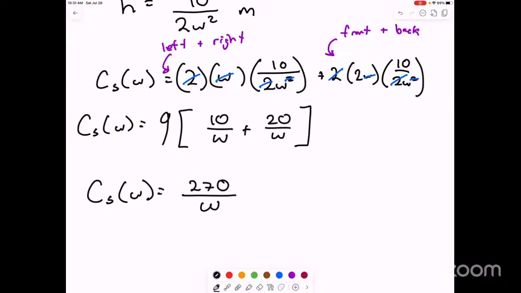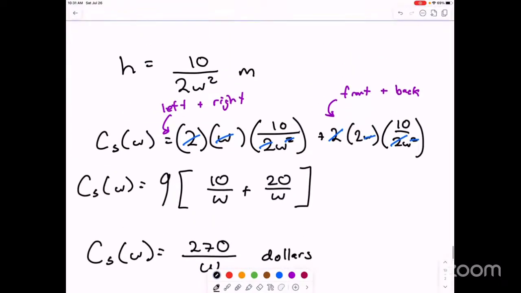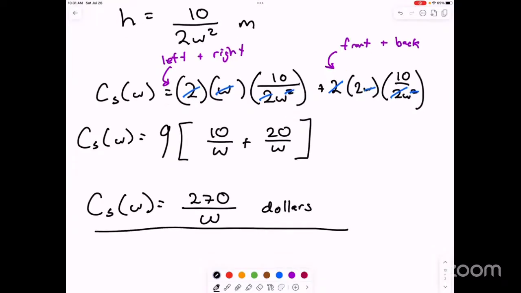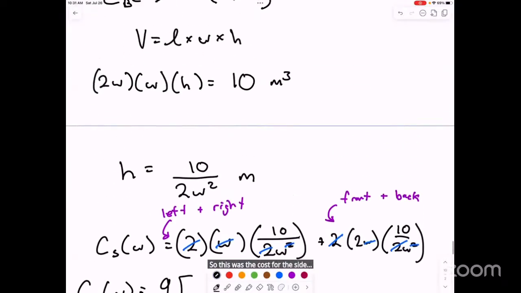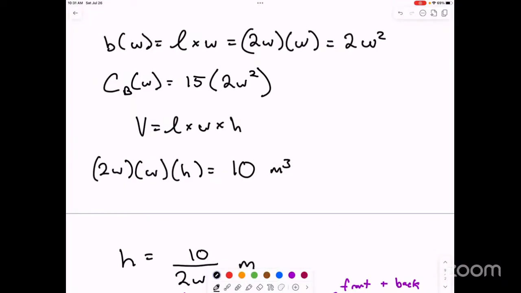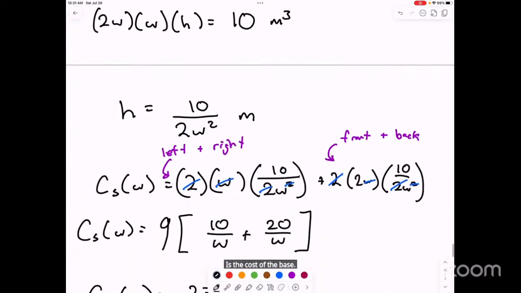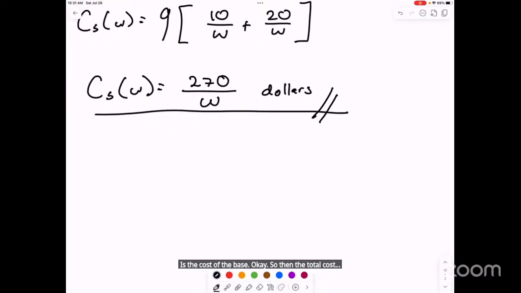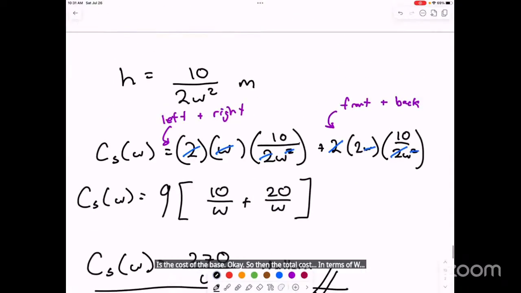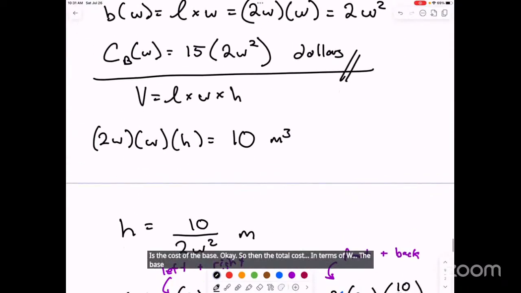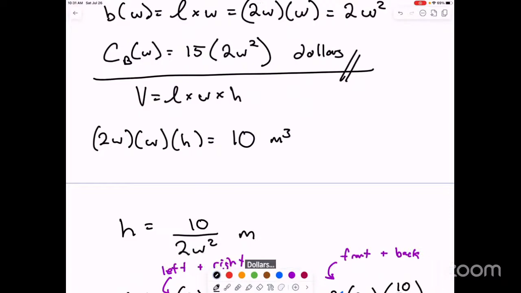Dollars. So this was the cost for the side. This is the cost of the base. So then the total cost in terms of W, all about that base, dollars, 30W squared.